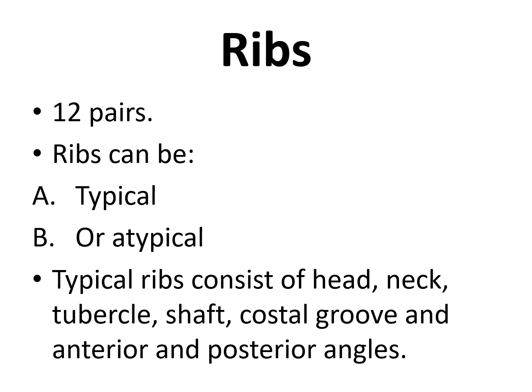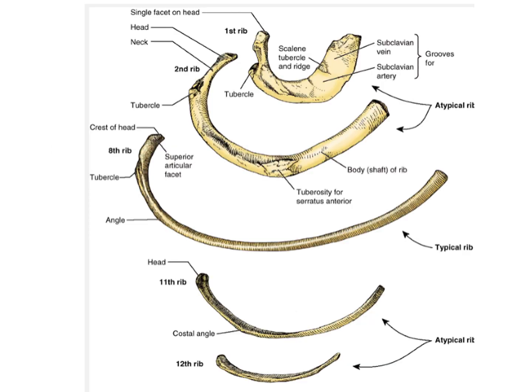So any rib which does not contain these components is atypical. For a rib to be typical, it should consist of all of this. If a rib is missing a neck, or a tubercle, or a costal groove, as we will show in some ribs, it is atypical.